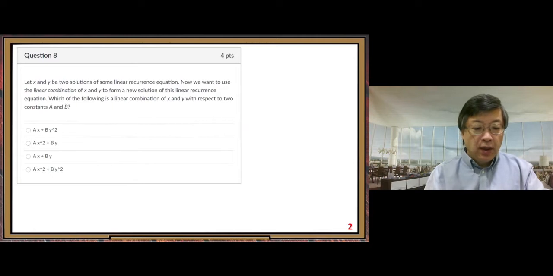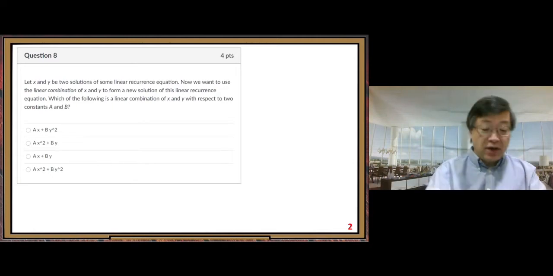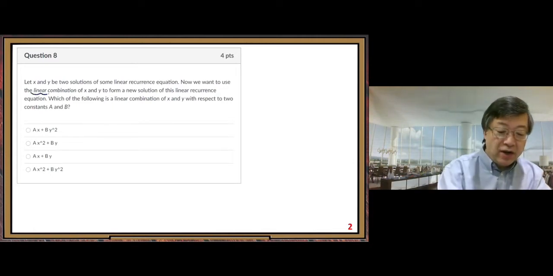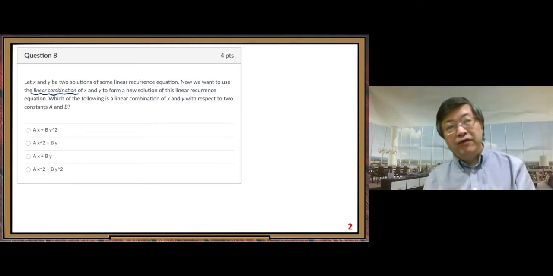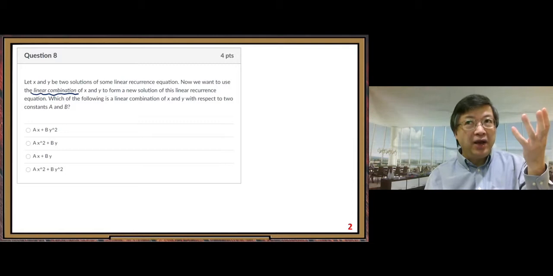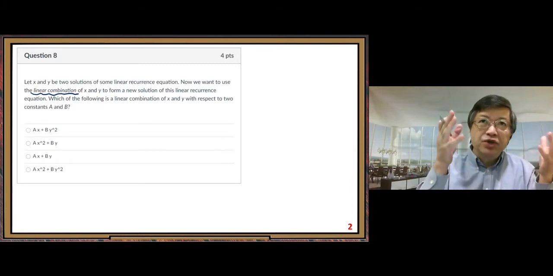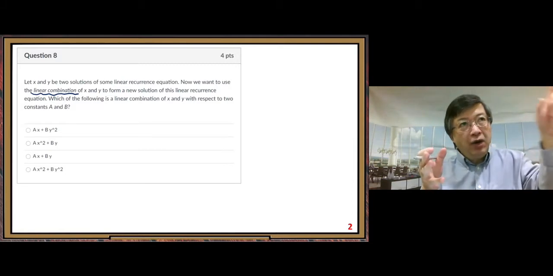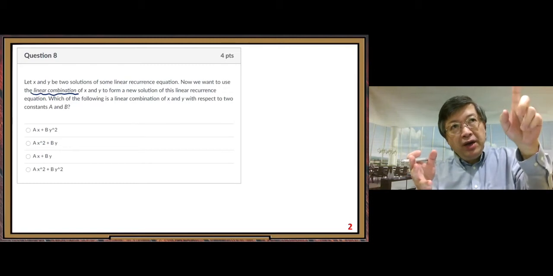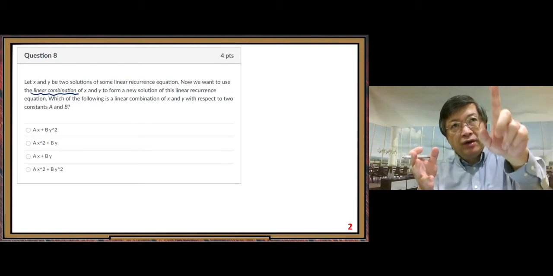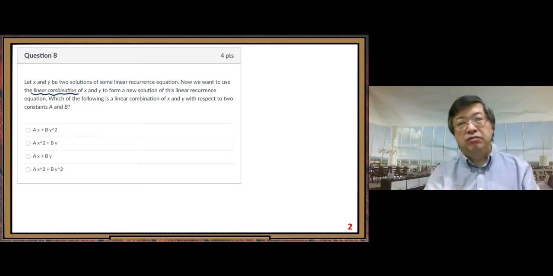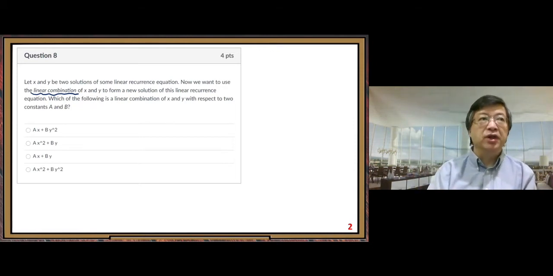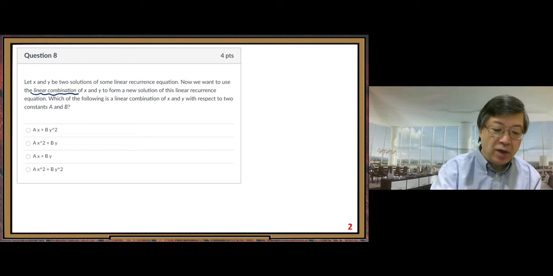Next, linear combination concept. In one of the videos, when I explained the procedure for how to solve second order homogeneous linear recurrence relation, I used this concept, linear combination concept.